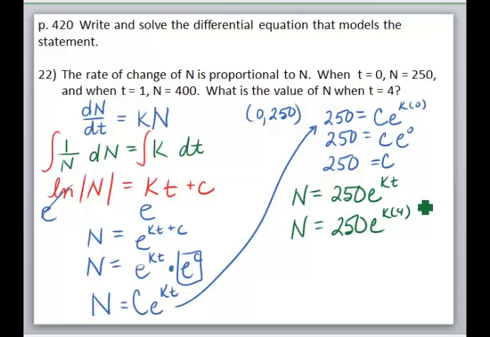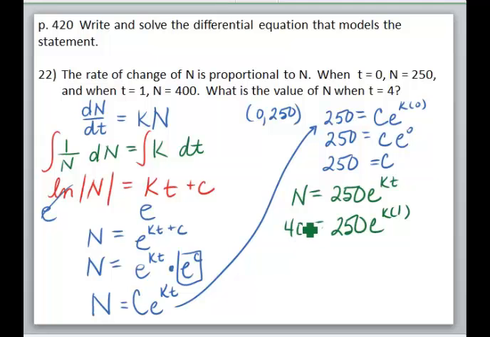One of the things you notice I'm missing is the k. So I need to actually go back and figure out what k is using this 1 and 400, and I forgot to do that first. So I can't jump to that step yet. I need to plug in 1 for t and 400 for my n.